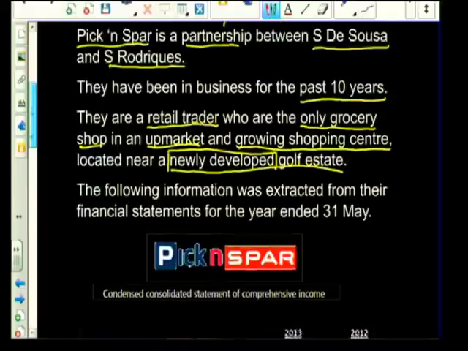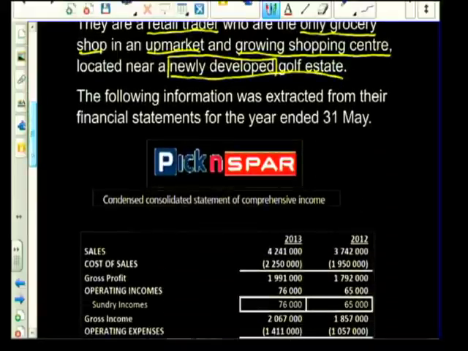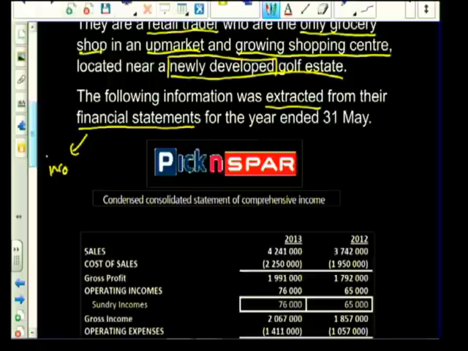Now what we've got here is the following information that is extracted from the business's financial statements. So you'll remember that our main financial statements are the income statement and the balance sheet. And what you'll also perhaps know is that there are alternative names for these two, the income statement and balance sheet, which you might sometimes encounter when you're looking at a real business.